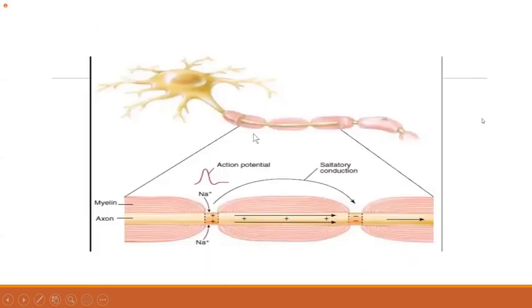In a myelinated fiber, the myelination is not uniform, and at some places it is lacking. These are called nodes. Due to these nodes, the velocity of conduction increases in myelinated nerve fibers many fold due to saltatory conduction. I will explain this a little bit later.